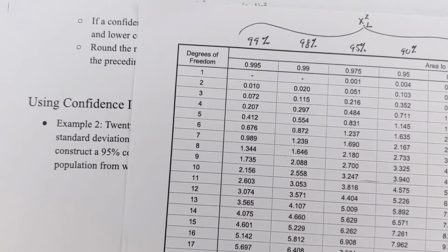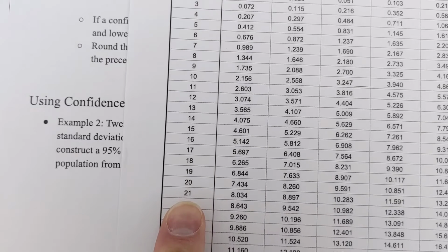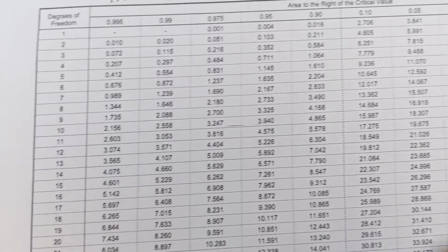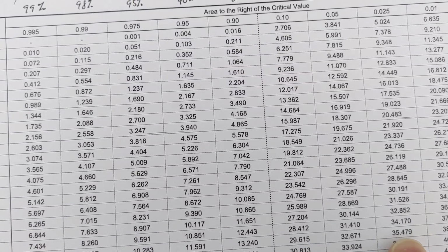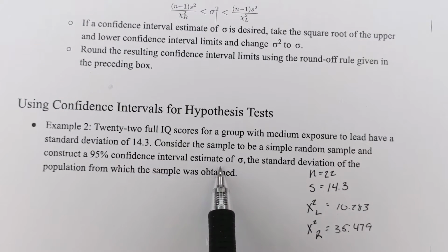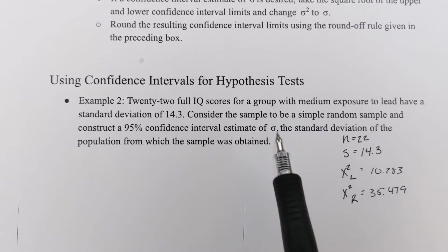So here's my table. Go down to 21, for degrees of freedom, which means it's n-1. So this value is on the left under the 95% heading, and this value is on the right under the 95% heading. Now the estimate of sigma, okay, so we're using sigma.